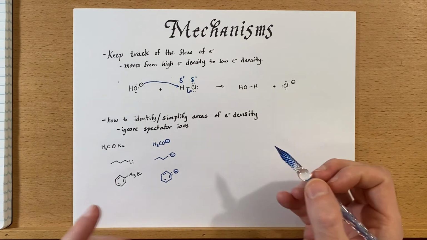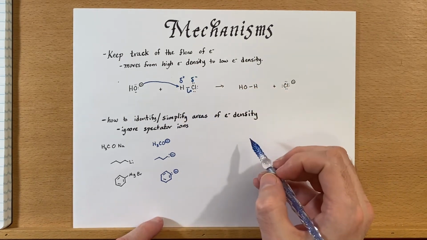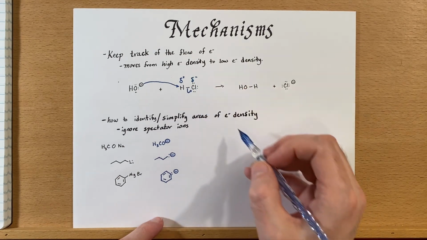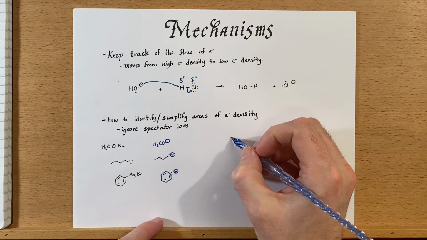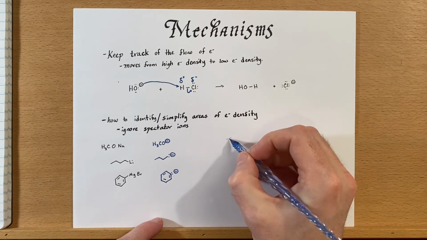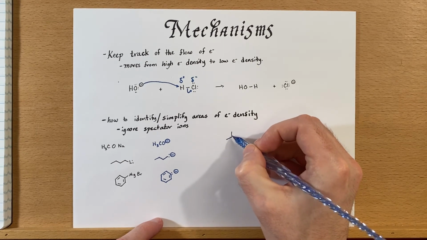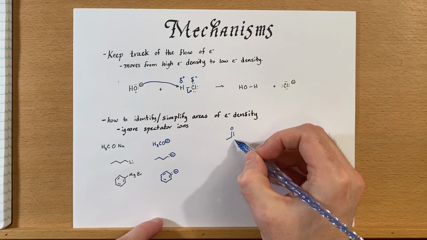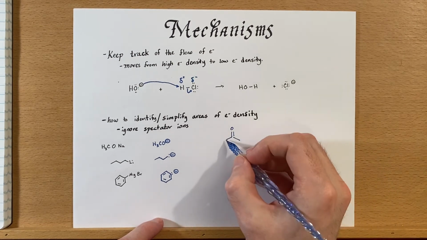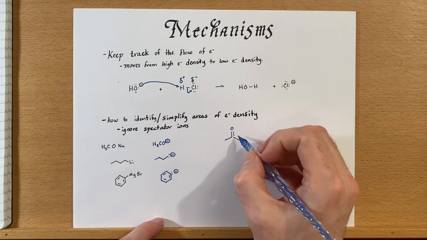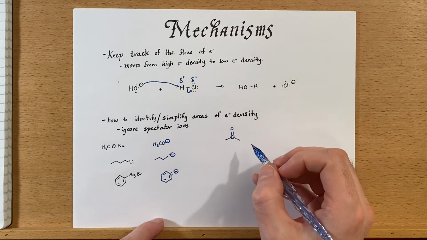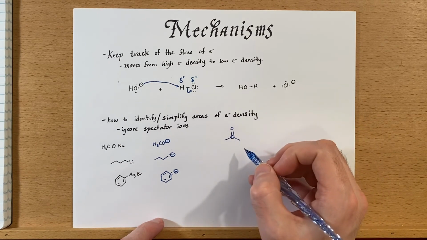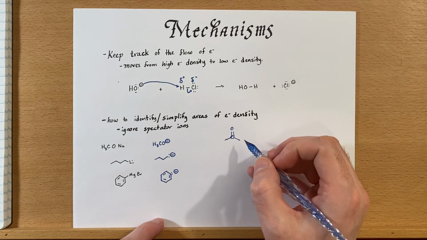Now, up here I drew some partial positives and partial negatives, and those are important to identify. So let's just look at acetone real quickly, and identify the regions that are important. Now, right here we've got a carbon that I often will not draw, or kind of draw as an afterthought, so keep that in mind.